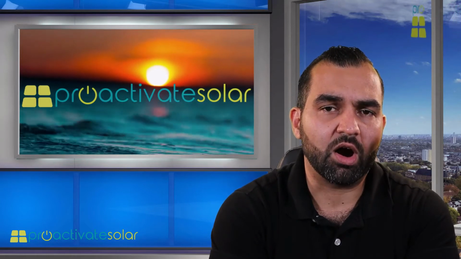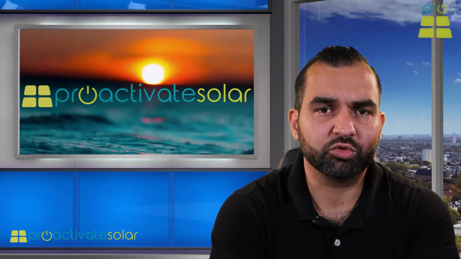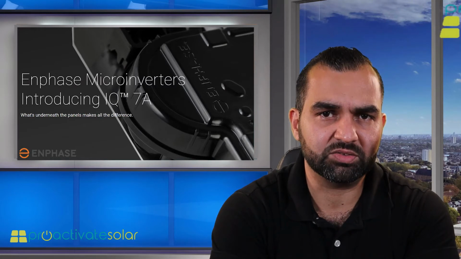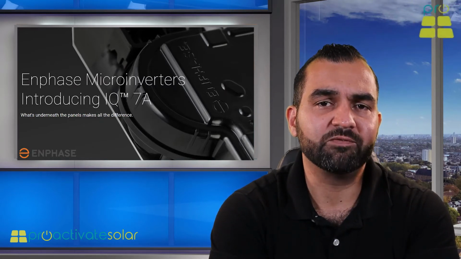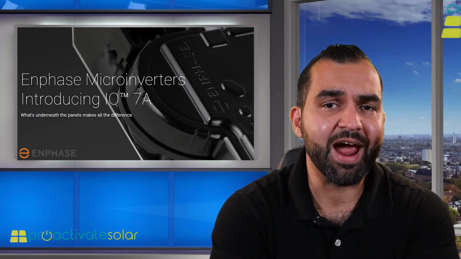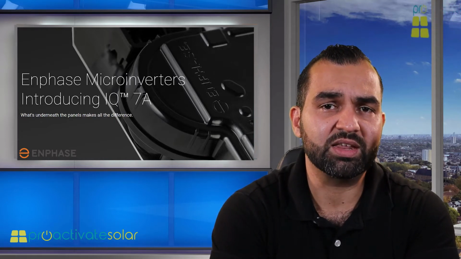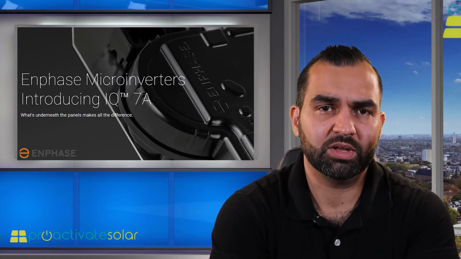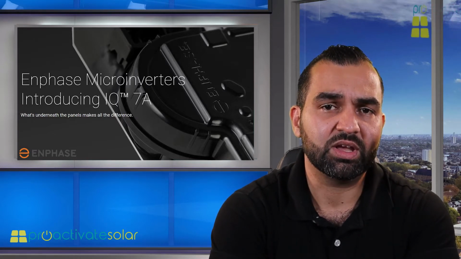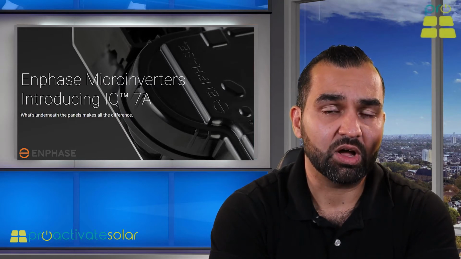The first option is micro inverters with a company called Enphase. You see, Enphase uses micro inverters. For each panel that you have, you get a micro inverter attached to the back of the panel, and it converts the energy on the spot.